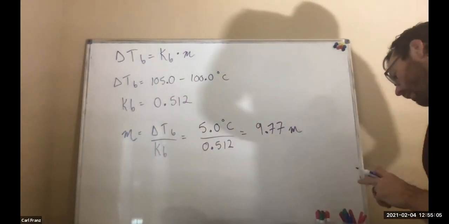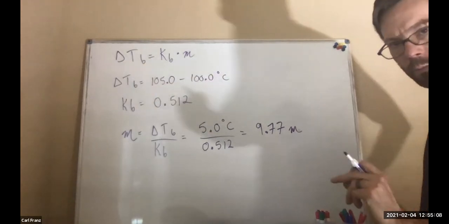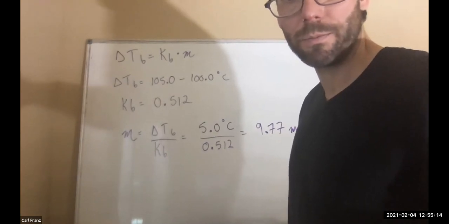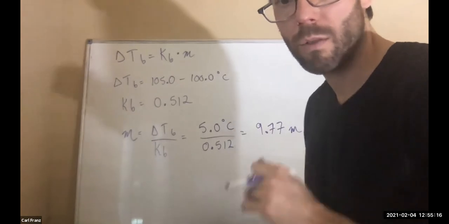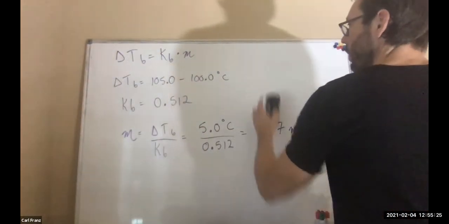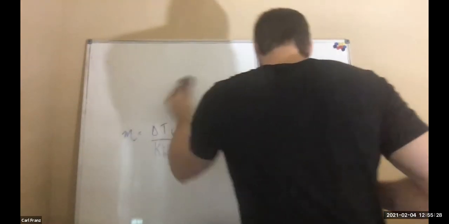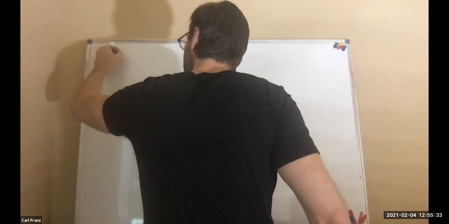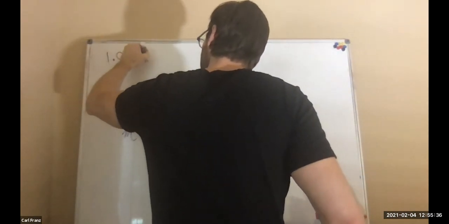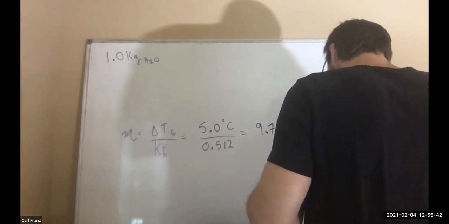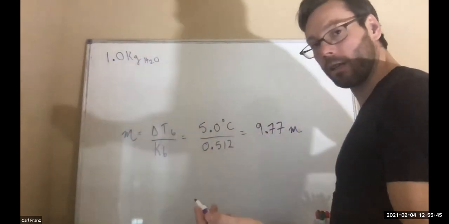So if that's our molality, what else are we given in this problem? We're given 1.0 kilograms of water. Okay, so that's good to know. Let's take 1.0 kilograms of H2O. And what can we do with that number? Well, what is molality?